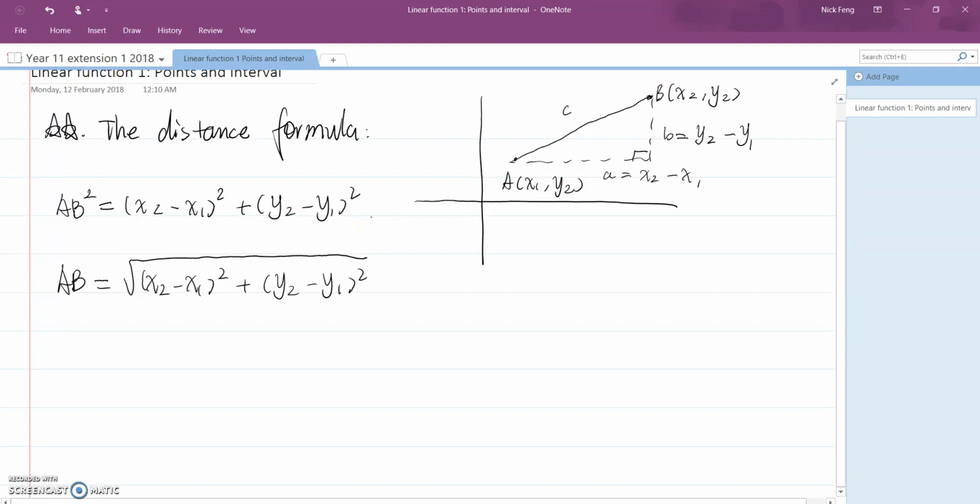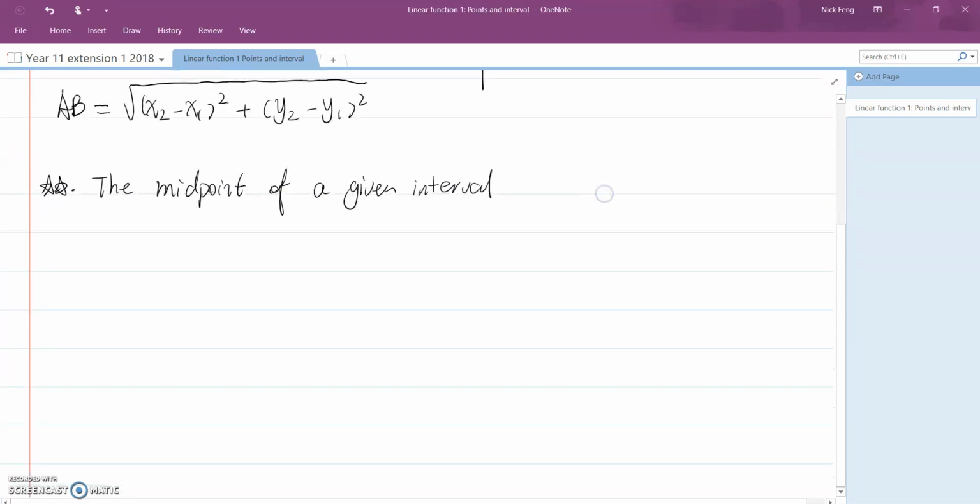Okay, the next bit we're going to talk about is the midpoint of a given interval. This time, we'll talk about midway through the 2 points.